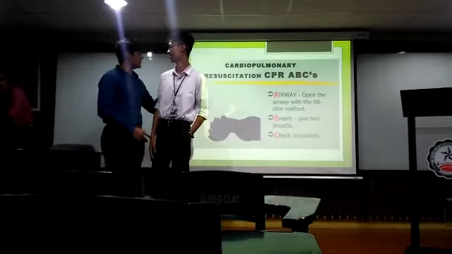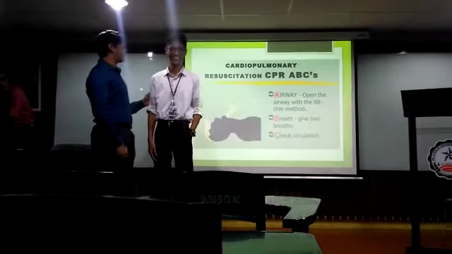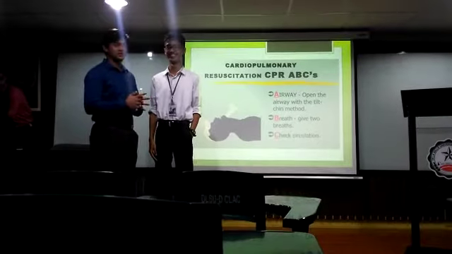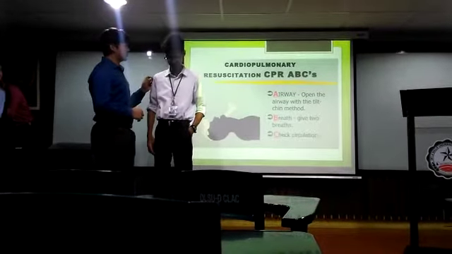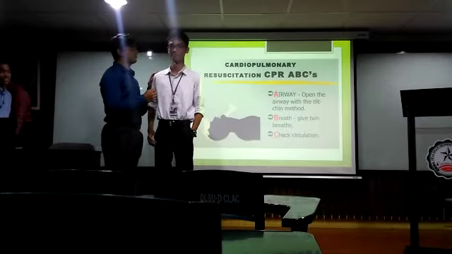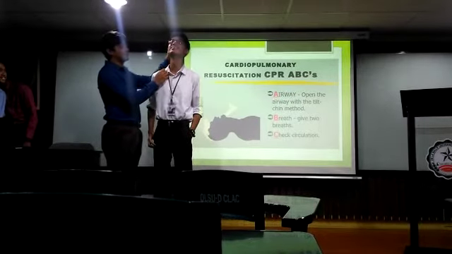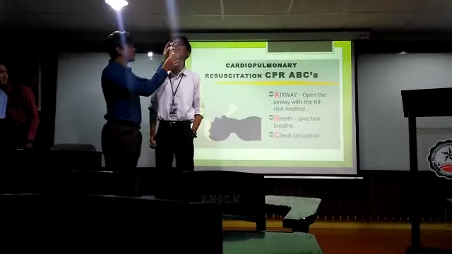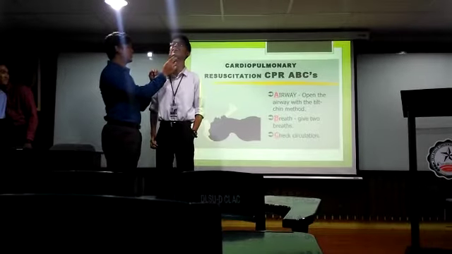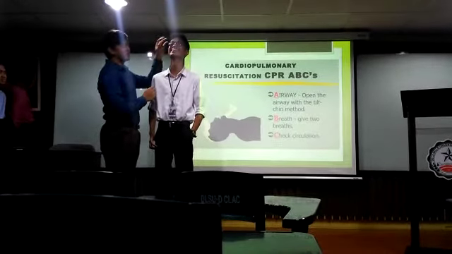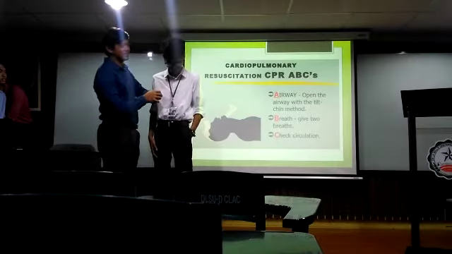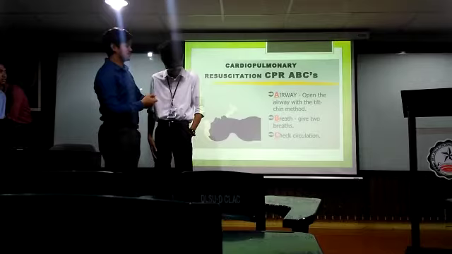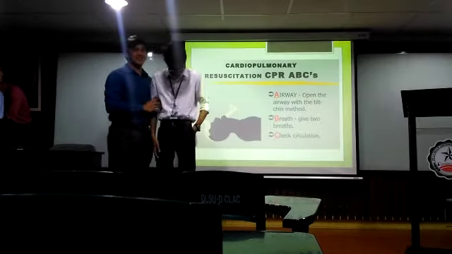The A stands for airway, B stands for breathing, and C is for check circulation. The first thing you need to do is to tilt his chin and open his mouth and check if the airway is free. Then give him two breaths and then pump his chest about 30 times. That's all. Thank you.